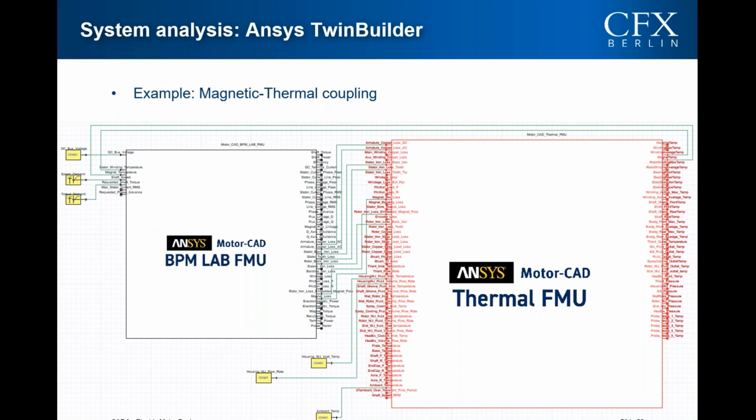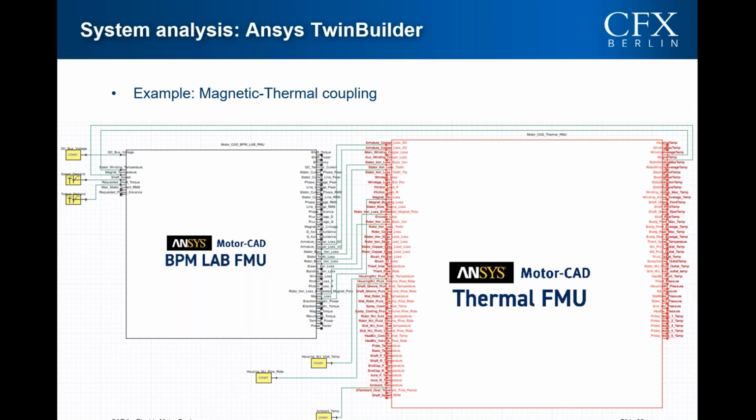Let's have a look at an example of a brushless permanent magnet DC motor. This is the project schematic of a system in Twin Builder. It has two components representing two aspects of motor design, electromagnetic and thermal. Each component has input pins on the left side and output pins on the right side.